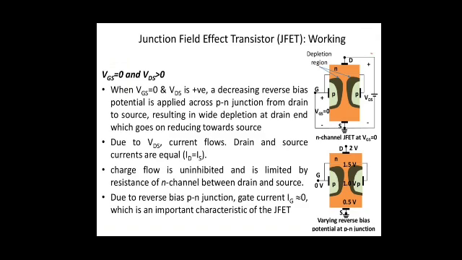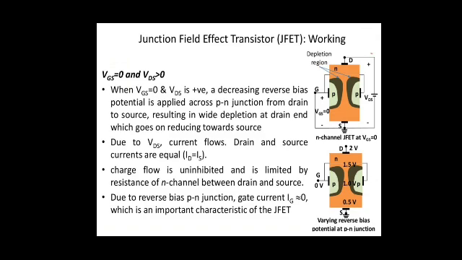Whenever you increase the reverse bias, what happens? If a greater negative voltage is applied at the gate terminal, the depletion region width will also be greater. So the channel width is further reduced.